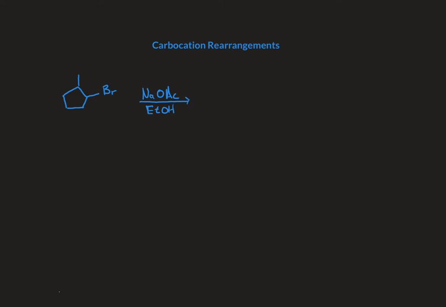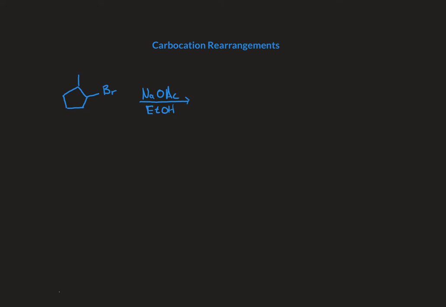When we first started talking about substitution reactions, we looked at SN2 reactions, and those were relatively straightforward reactions. They were one-step, bimolecular, in which one group, the nucleophile, replaced the leaving group on a molecule.